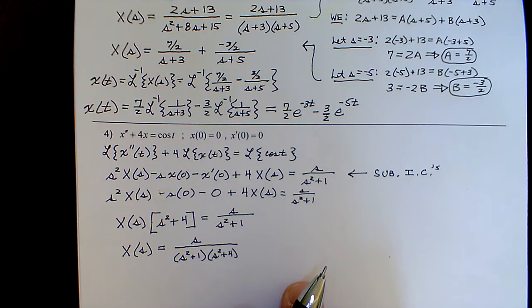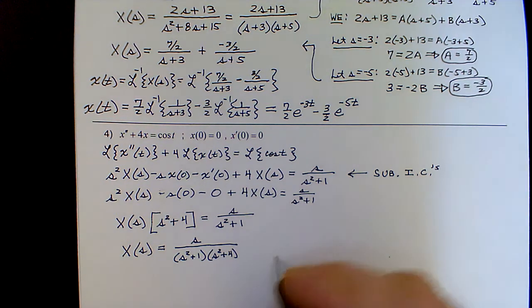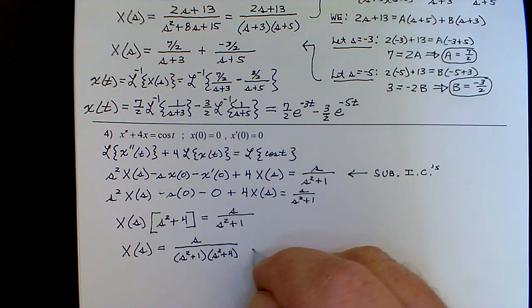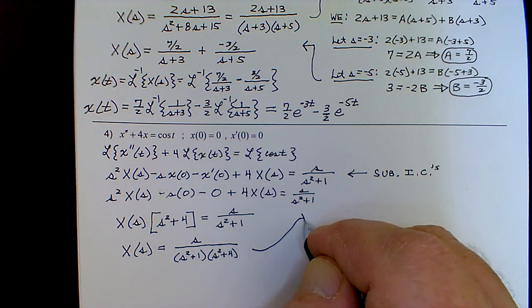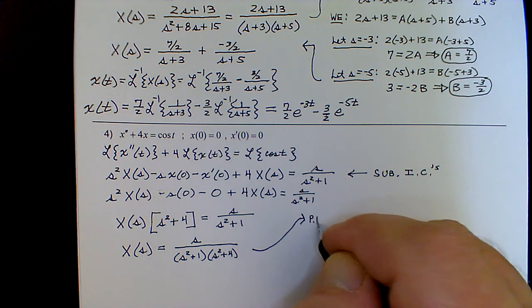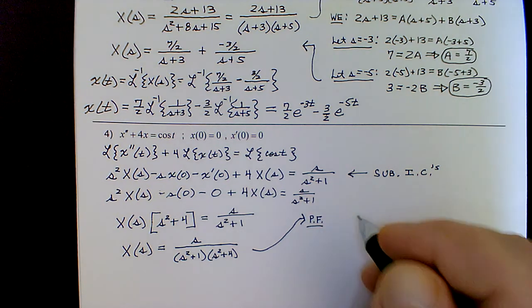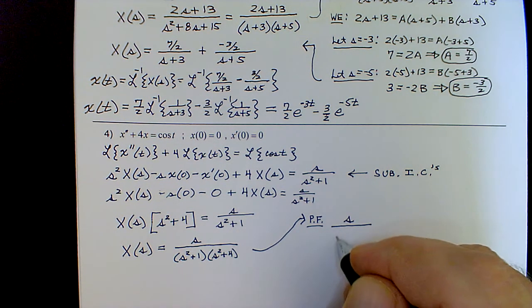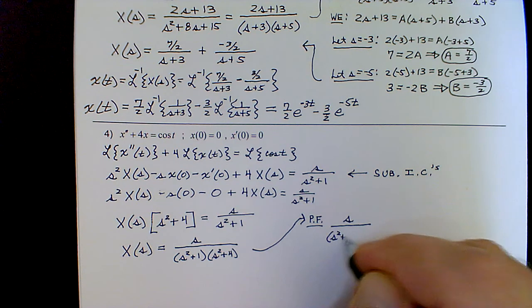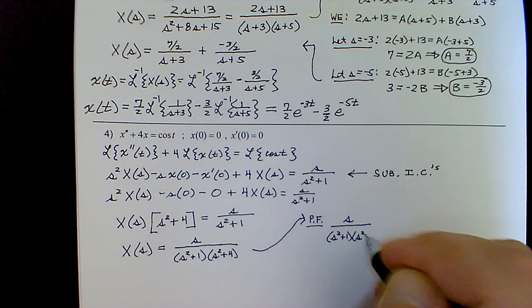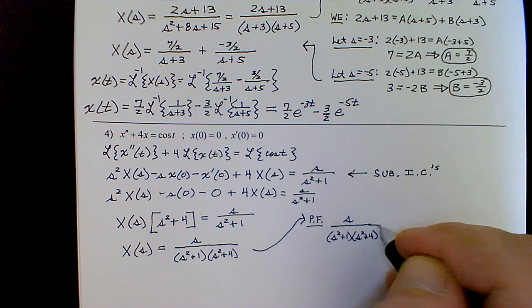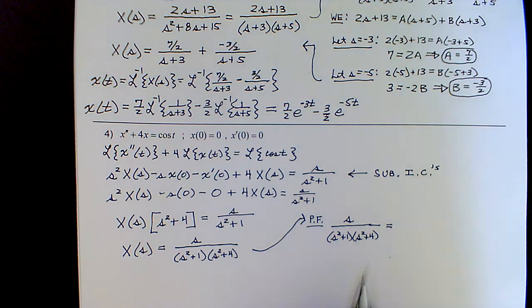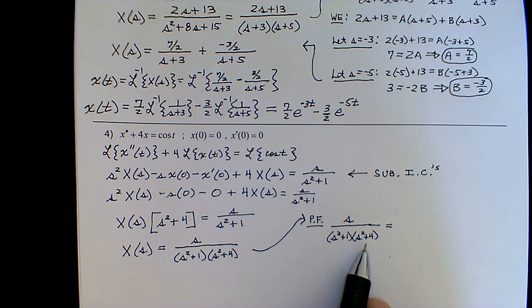Can't deal with products, remember, to go to the inverse Laplace. So we got to go to partial fractions, and the partial fraction decomposition is going to be such that s over s squared plus 1 times s squared plus 4 is equal to, okay, notice that they are both in the denominator.